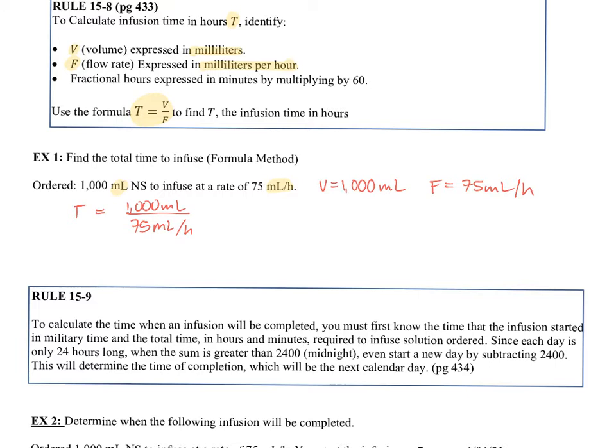When we do this, milliliters will cancel each other out, and we will be left with 1,000 divided by 75. And because this is divided by h, it actually ends up multiplying to the top when you think of fractions. And we'll get the h on the top.